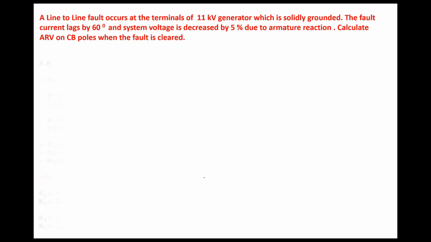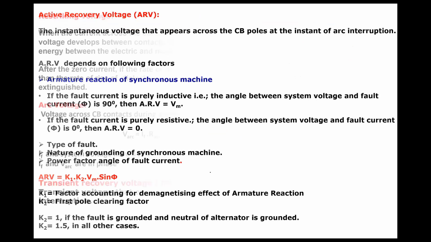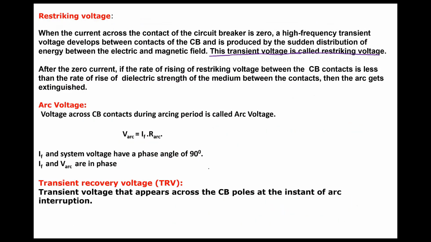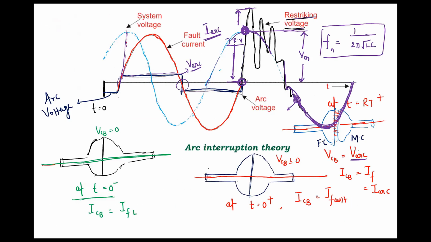That means how to correlate this one. So if you go back again to this image, here what is this peak value? This peak transient recovery voltage, that is, this peak value is 2 Vm. The highest value of transient recovery voltage is 2 Vm. Understand?